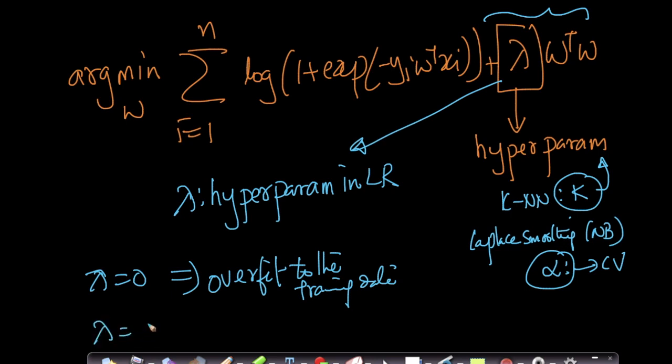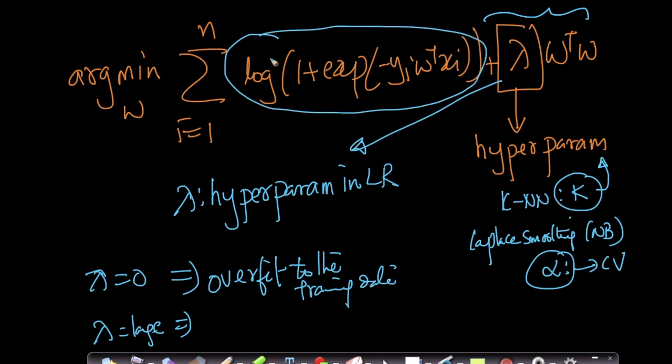If lambda is very large, what happens? Let me not call it infinity. If lambda increases, then the influence of this in the tug of war decreases. Remember, it's a tug of war between your loss function and your regularization.